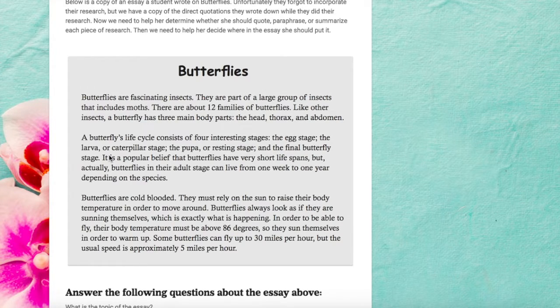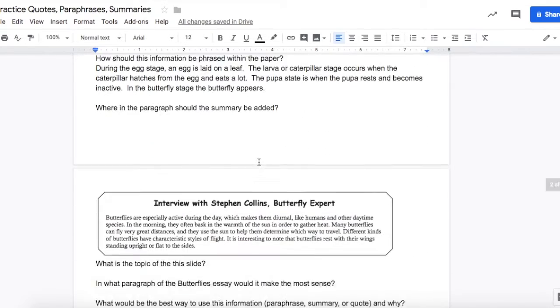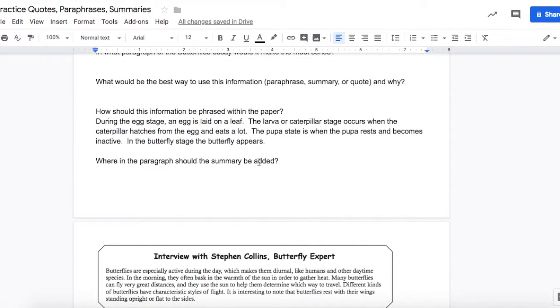So our essay is going to go like this. A butterfly's life cycle consists of 4 interesting stages: an egg stage, the larvae stage or caterpillar stage, the pupa or resting stage, and the final butterfly stage. Then I would put in my summary. During the egg stage, an egg is laid on a leaf. The larvae or caterpillar stage occurs when the caterpillar hatches from the egg and eats a lot. The pupa stage is when the pupa rests and becomes inactive, and in the butterfly stage, the butterfly appears.